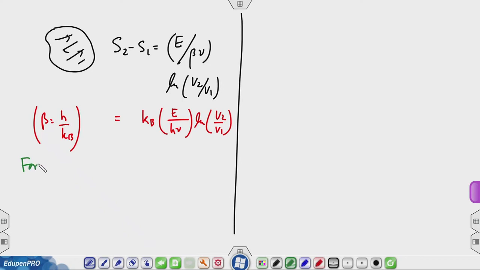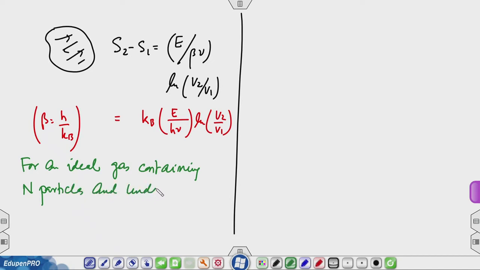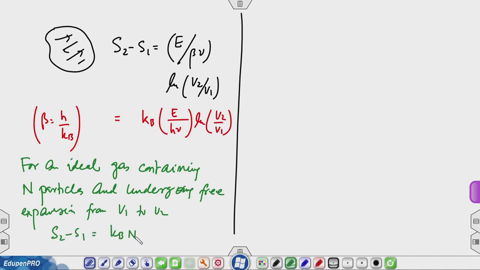For an ideal gas containing n particles and undergoing free expansion from V1 to V2, we have S2 minus S1 equals Kb n log of V2 over V1.